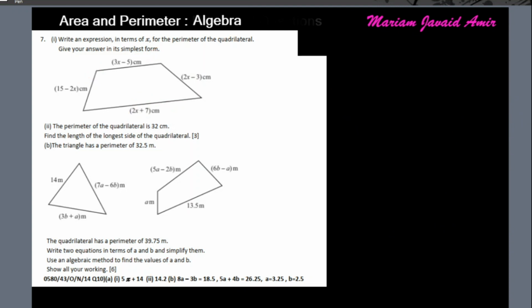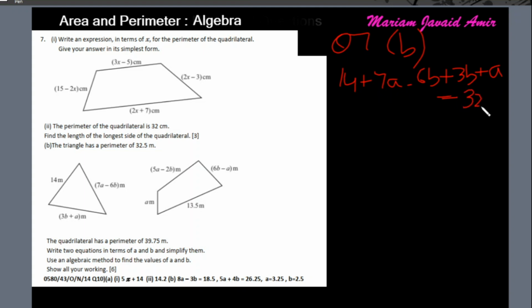Alright, part B, question 7, part B: the triangle has a perimeter of 32.5, the quadrilateral has a perimeter of 39.75. Write two equations in terms of a and b and simplify them. So the first equation will be 14 plus 7a minus 6b plus 3b plus a equals 32.5.